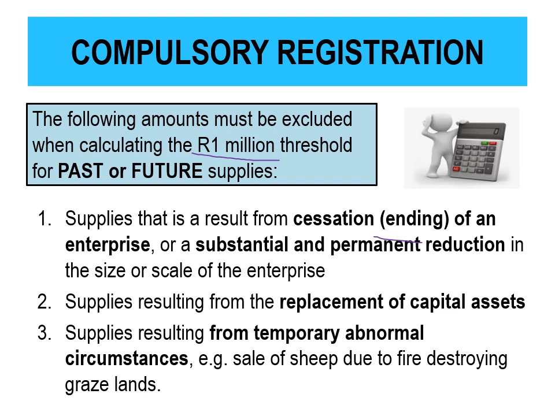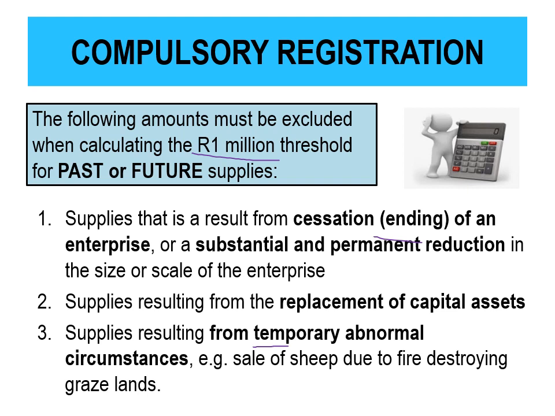We'll also exclude supplies that result from the replacement of capital assets. So if you sell assets because you want to replace them, we will also not include those within the 1 million rand threshold calculation. And then supplies resulting from temporary abnormal circumstances.